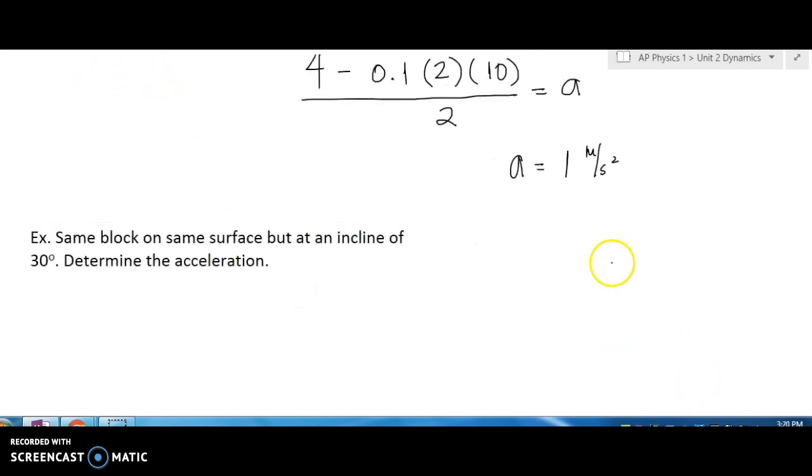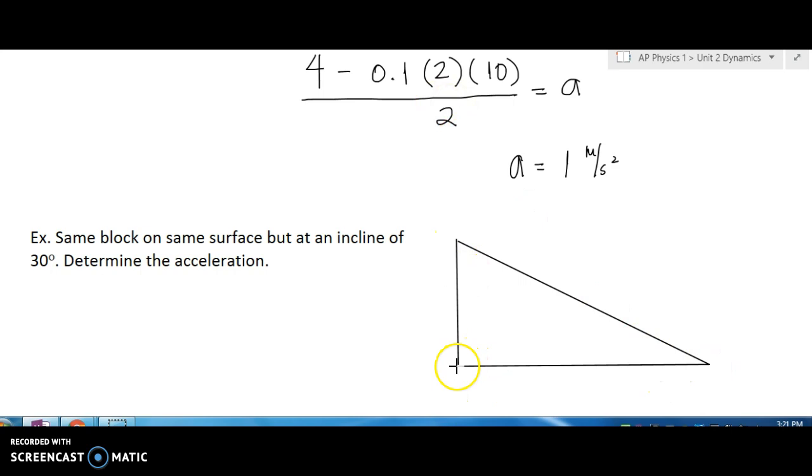All right, so now we've got an incline. So I'm going to just sketch the picture over here. So here's our incline, and the block is sitting on the incline, and maybe we've given it a little shove down the incline, so it's moving.